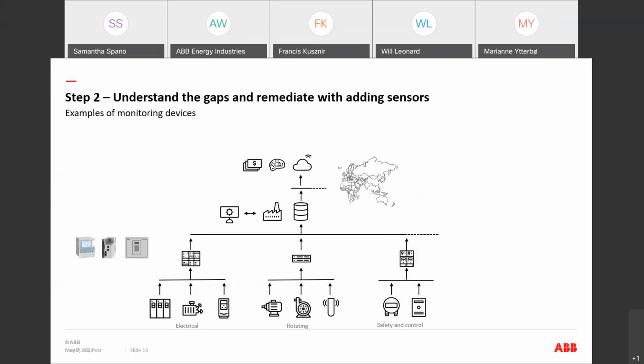What we have here is an illustration of an IED, a drive monitoring device from ABB, and a transformer monitoring device from ABB. But often temperature sensing and motor sensing for cabinets are also common and useful. For rotating assets, obviously, online vibration monitoring is typically synonymous with condition monitoring.